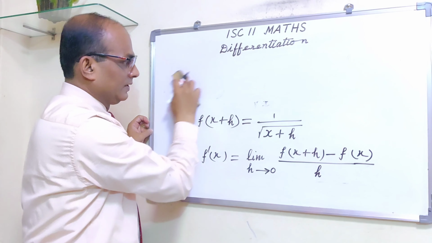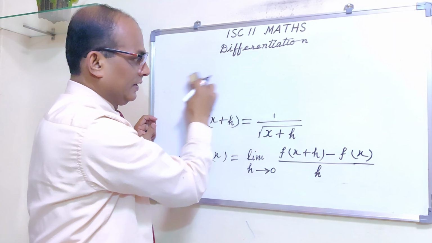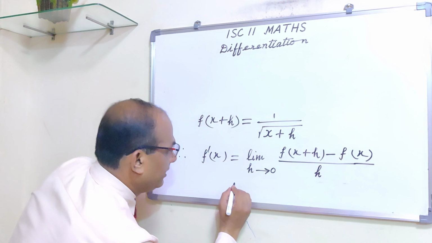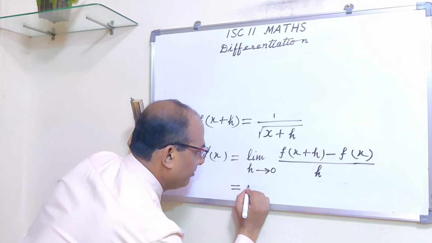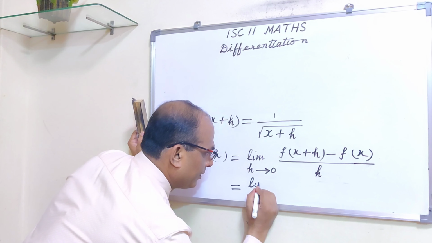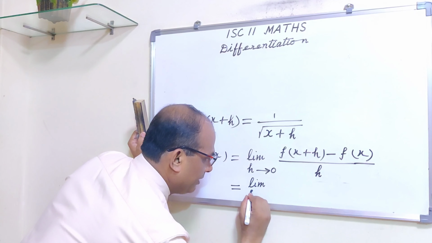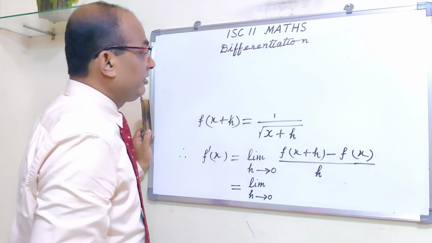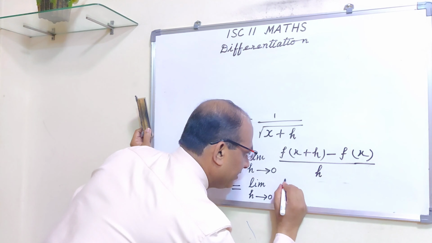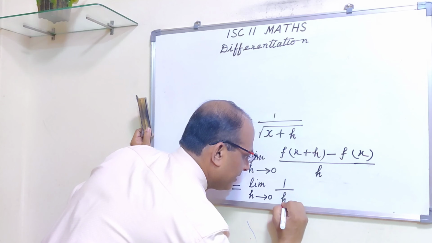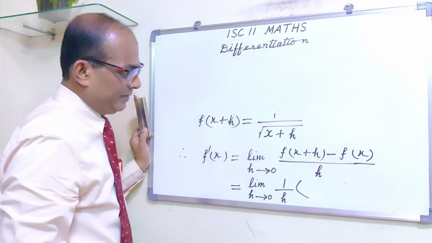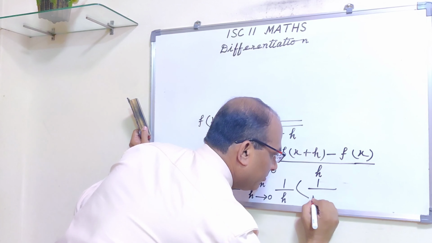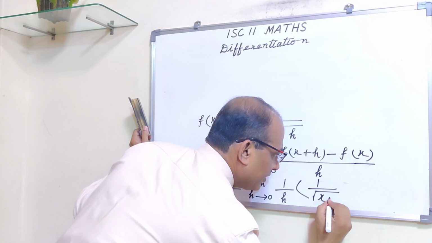So this is equal to limit h tending to 0, 1 upon h I am writing like this. And now in bracket I am writing f(x plus h), which is 1 upon root of x plus h.